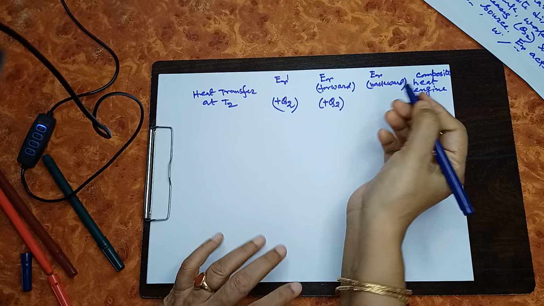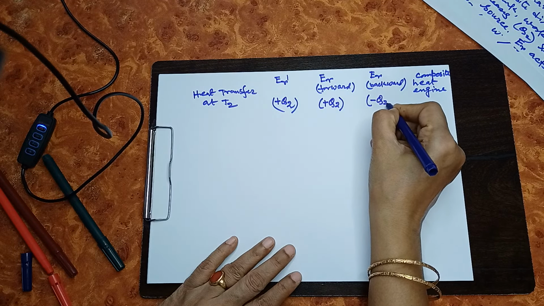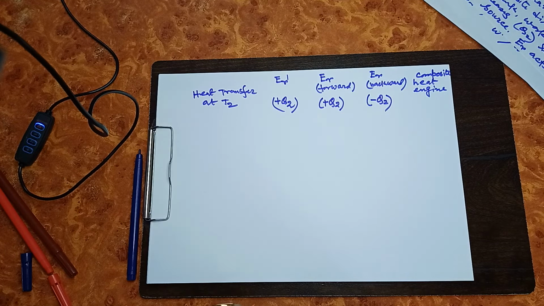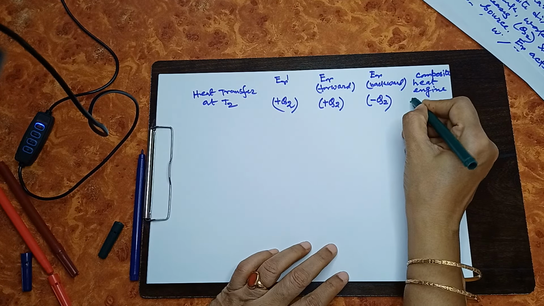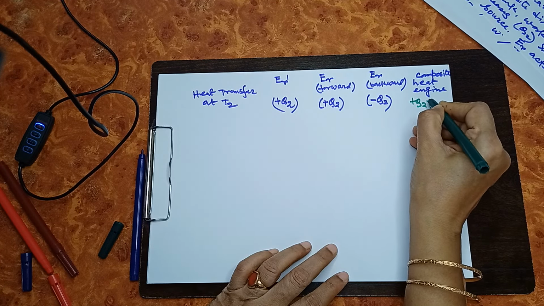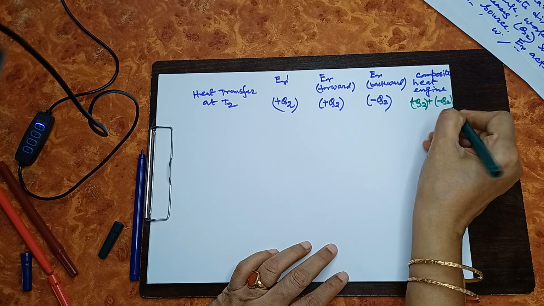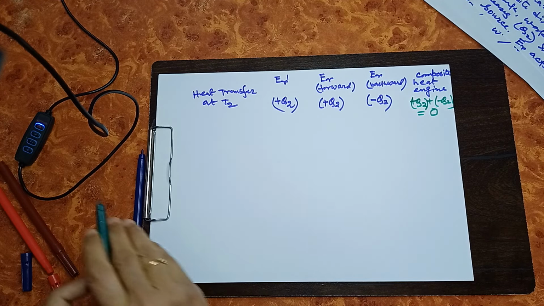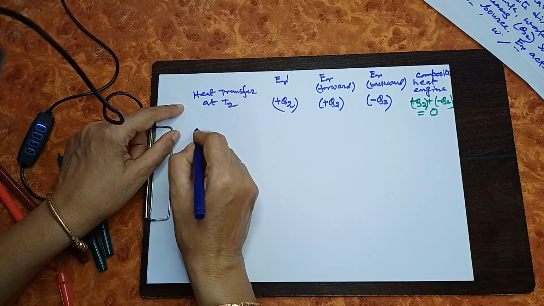But in the backward direction it is releasing, so it will be minus Q2. So what will be the result? The result will be plus Q2 plus minus Q2, that is equal to 0. Okay. Now this happens at the high temperature source.